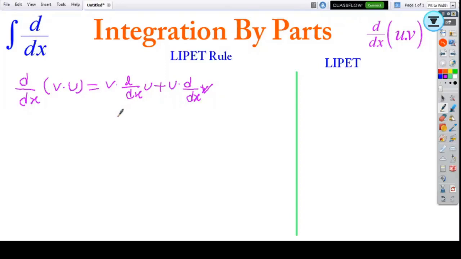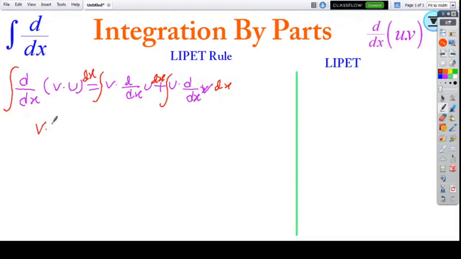So how can I get integration by parts using this? Nothing else. I know integration is just the converse of differentiation, called the antiderivative. So I am going to integrate both sides with respect to dx. As I know, integration of the differentiation of uv produces the function itself.